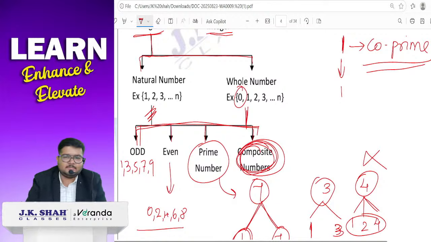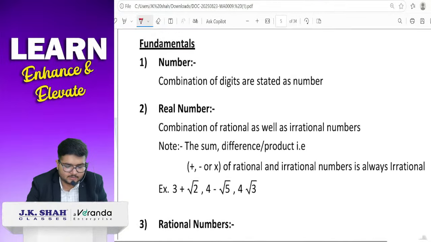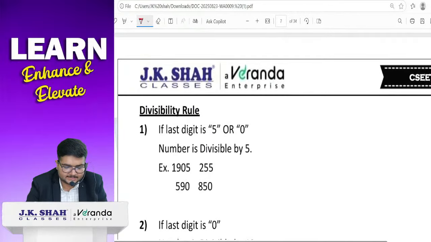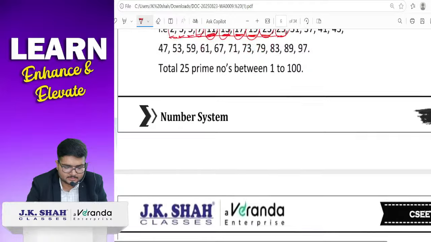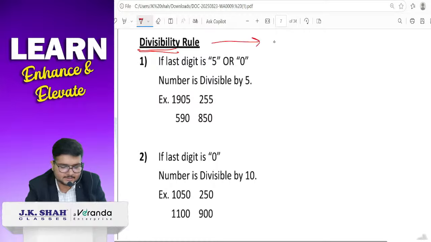This is one of the important fill in the blanks that can be asked in your exam, right? Let us move forward to the next concept, which is called divisibility rule. Now what is the divisibility rule? These are some tricks.